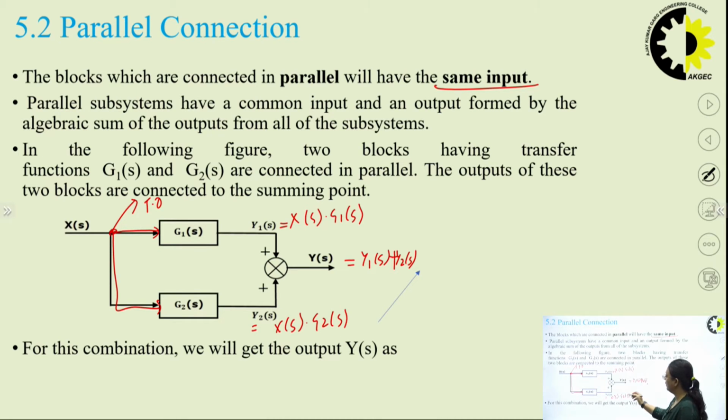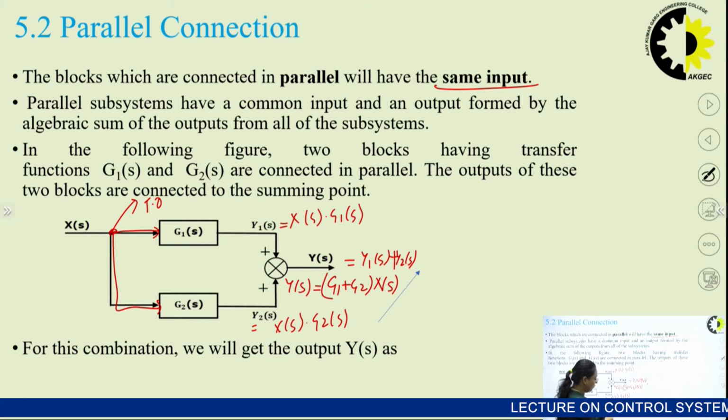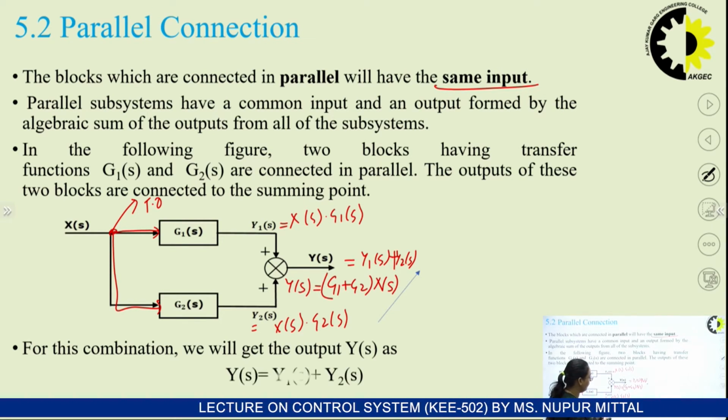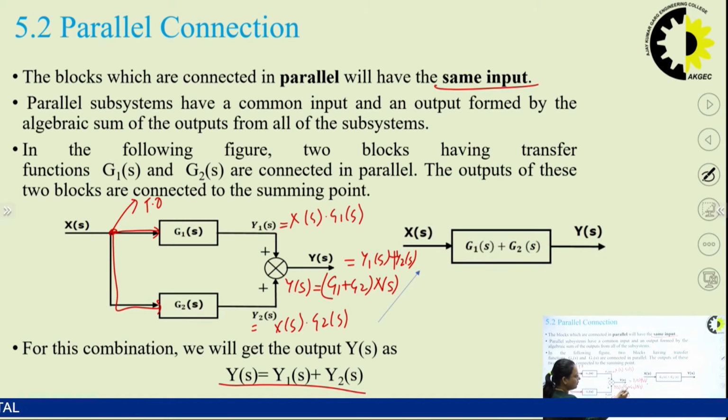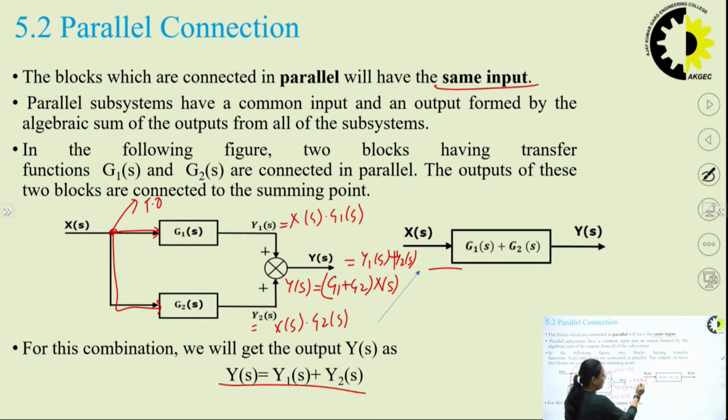If I put the values of Y1(s) and Y2(s) in this equation, then Y(s) will be equal to G1 plus G2 into X(s). So you can easily draw the transfer function like this. These two blocks can be represented by a single block with their transfer function represented with this summation sign.